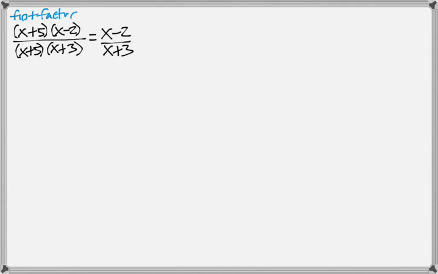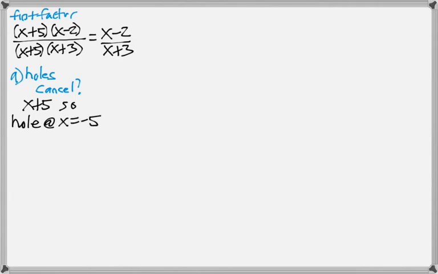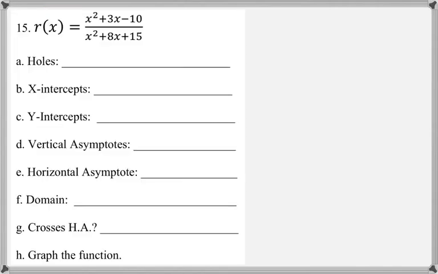Okay, so part A, this is talking about the holes. So did something cancel? And the answer is yes, the x plus 5's canceled. So there's going to be a hole at x is equal to negative 5 because it's the 0 of the factor that canceled out. So x is equal to negative 5.